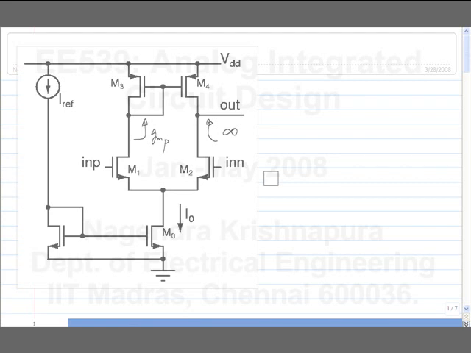So when I short circuit the output, then I can assume this voltage to be 0. When I open circuit it, I cannot assume that. We will continue to do this in the later stuff also, when we have more complicated GMs. Any questions on this?